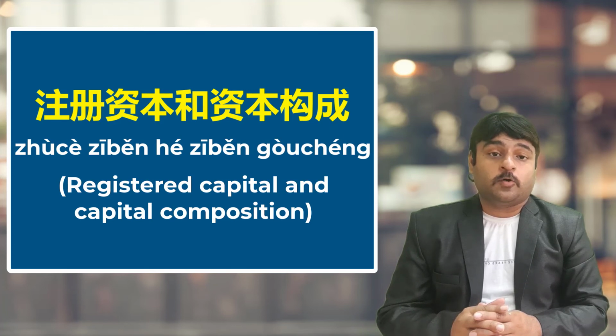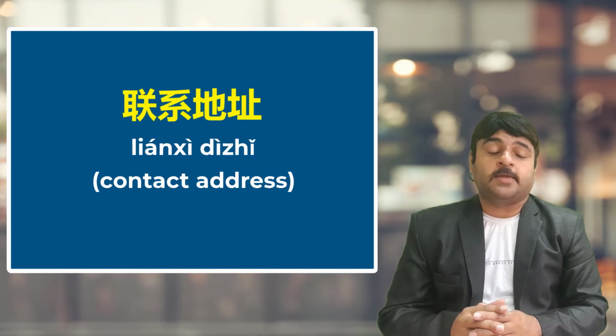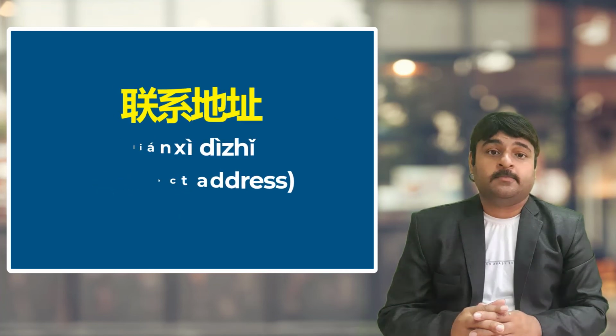Some companies do not like to mention their registered capital, they can ignore this part. However, it is better to write the registered capital to make a point that company is an established organization, because the client you are approaching is unaware of you and this is the first introduction you are providing of your company. 联系地址, that is contact address.